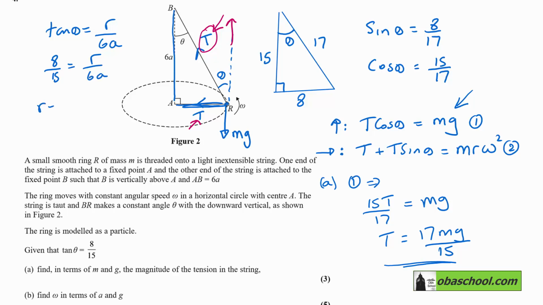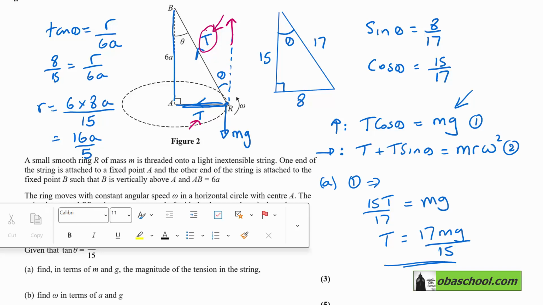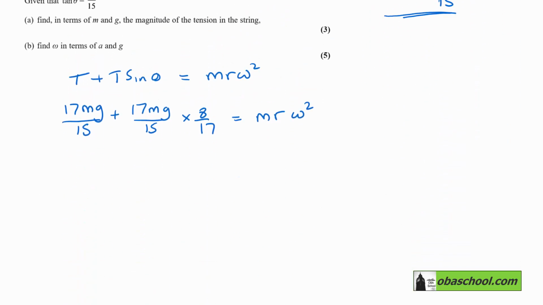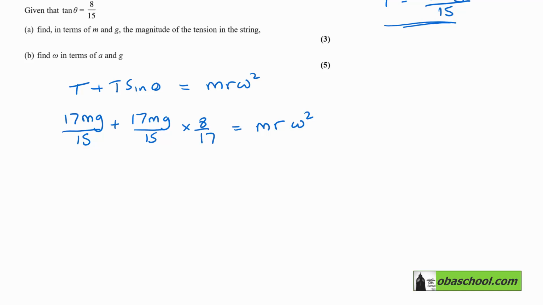Therefore r is going to be 6 times 8a, over 15, which is 16a over 5. So we can bring that down to here.